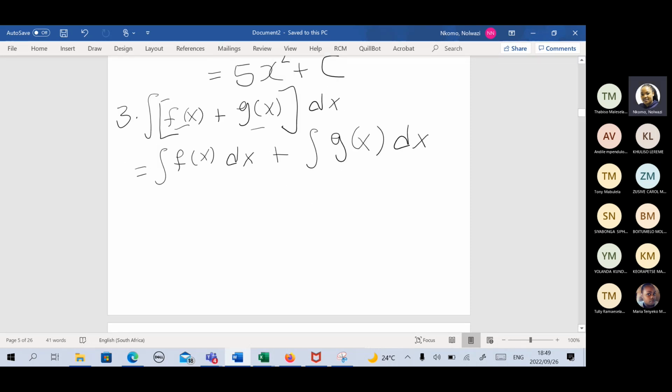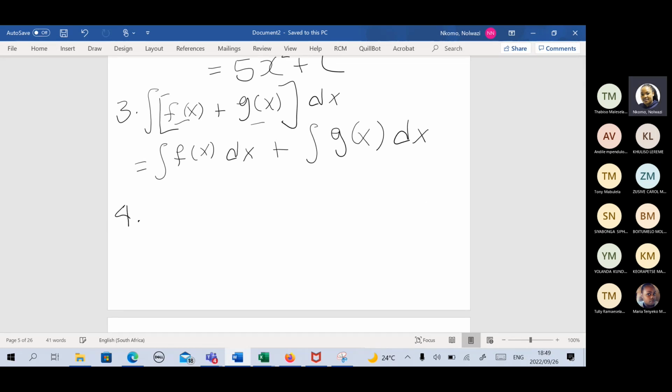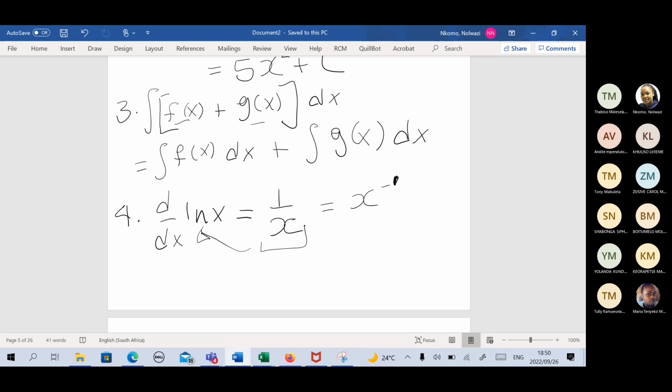And we have the fourth rule, the rule of logarithm. We know that if we differentiate ln x, we get 1 over x. Meaning if we integrate this, you should go back to this. 1 over x is the same thing as x to the power minus 1. Remember, I said the power rule only applies when n is not equal to minus 1.